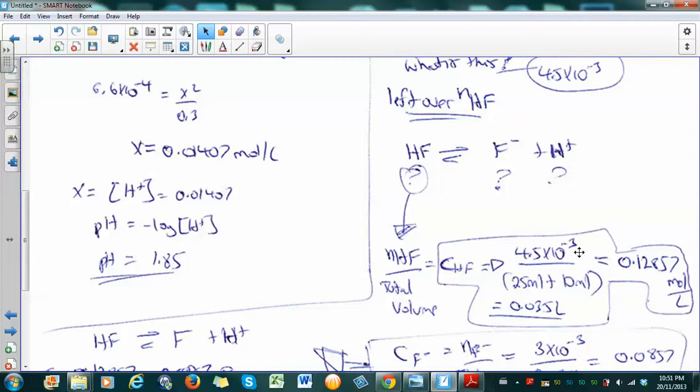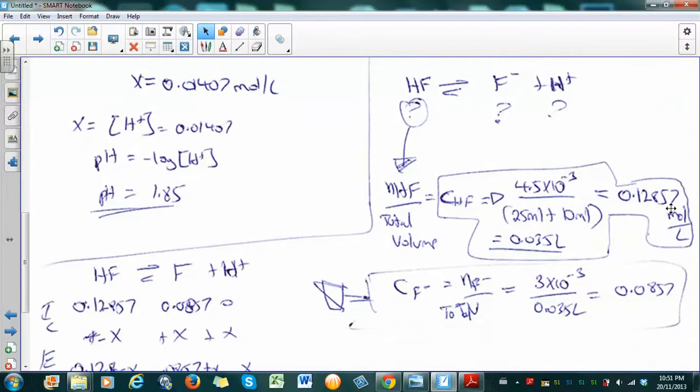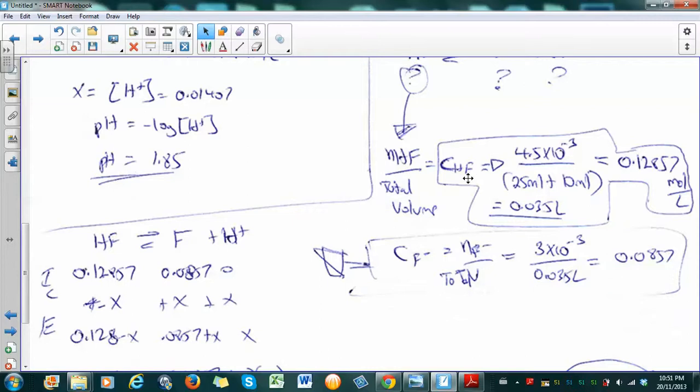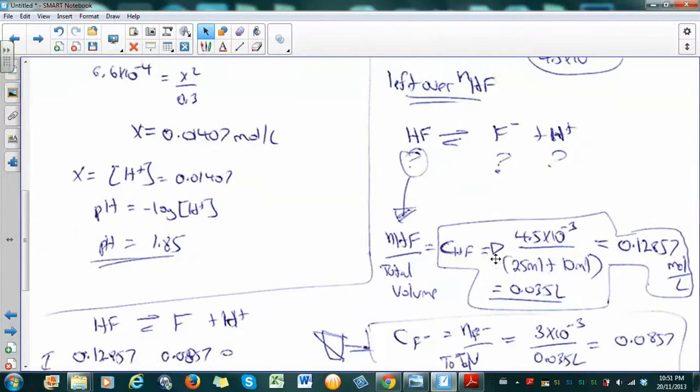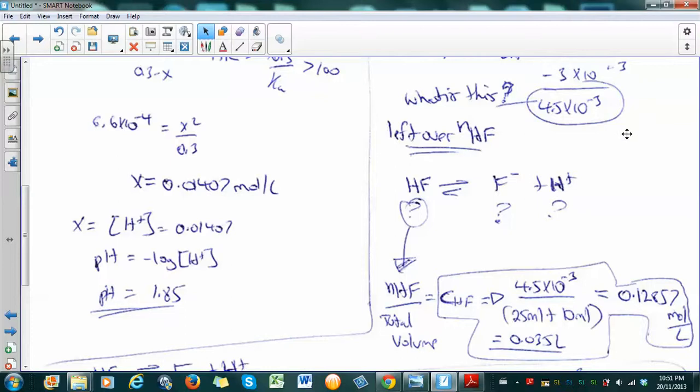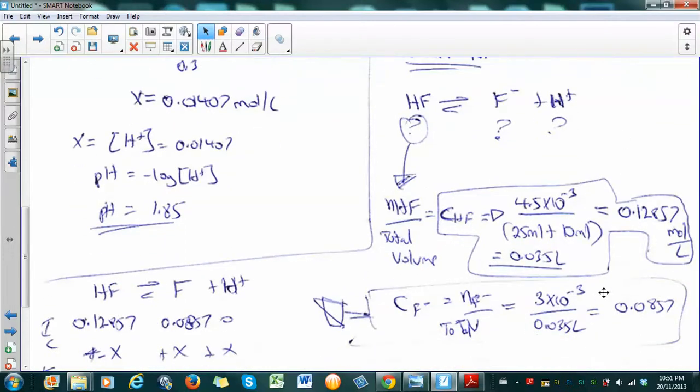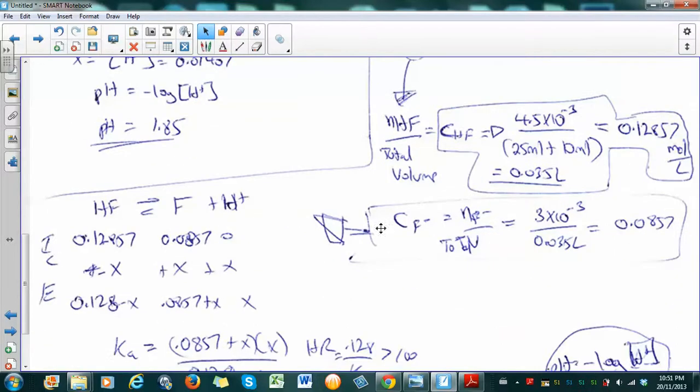If you do that division you should get 0.12857. So that's the concentration of HF. Now we need the concentration of F minus. That is the moles of the base over the same total volume: 3 times 10 to the negative 3 divided by 0.035, and you get that number.